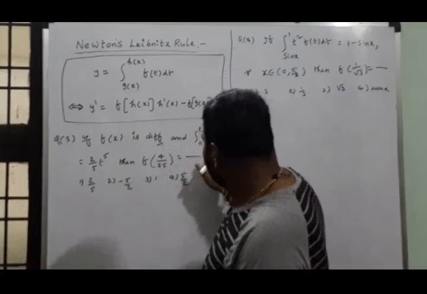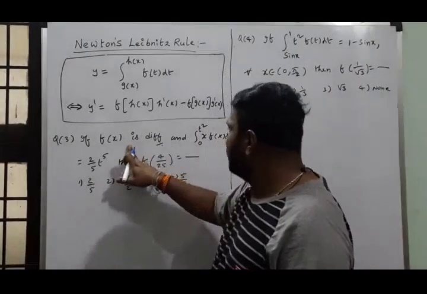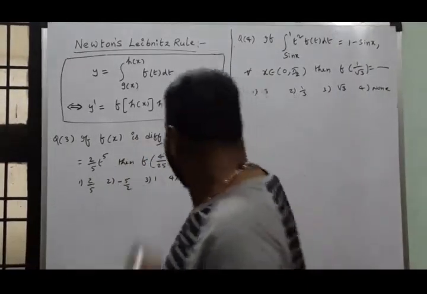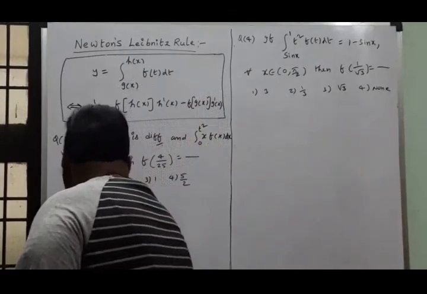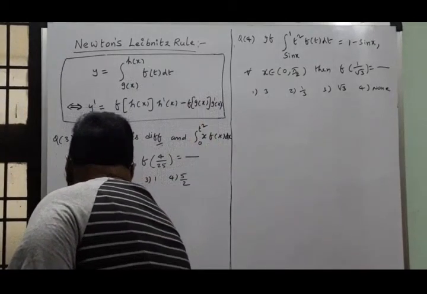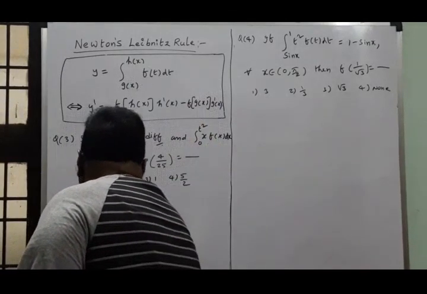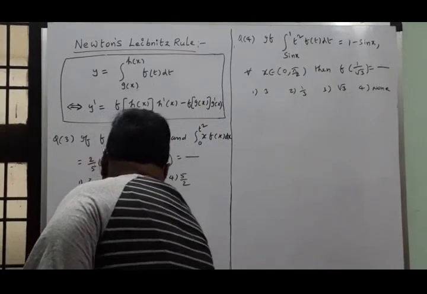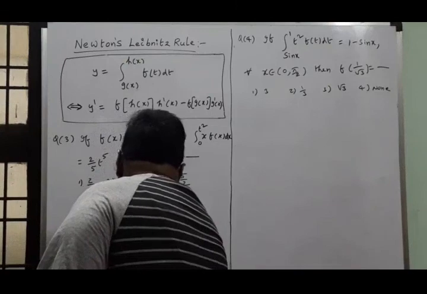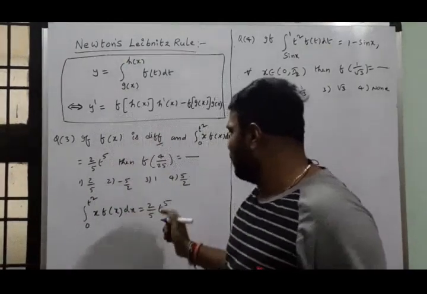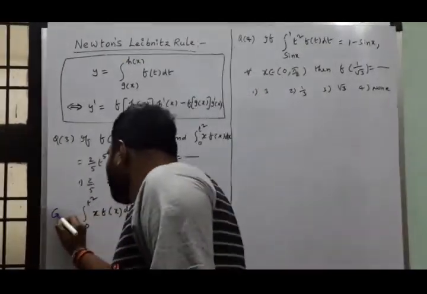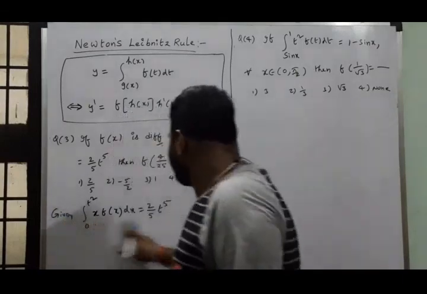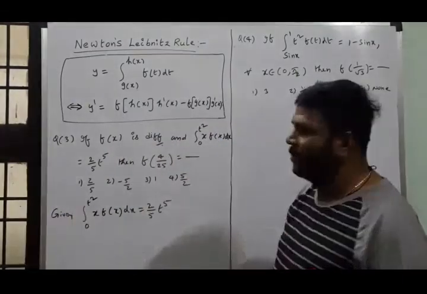So first of all, take the condition given. The integral from 0 to t square of x into f of x dx is equal to 2 by 5 into t power 5. This is given in the question.